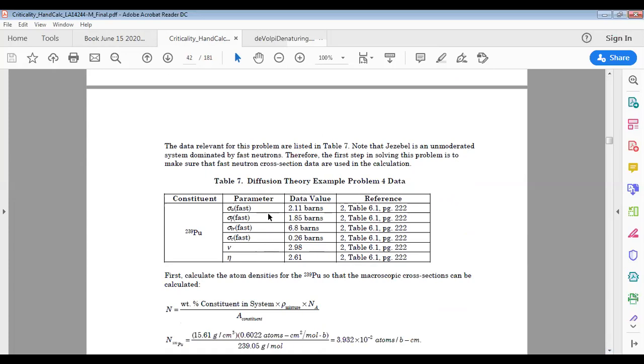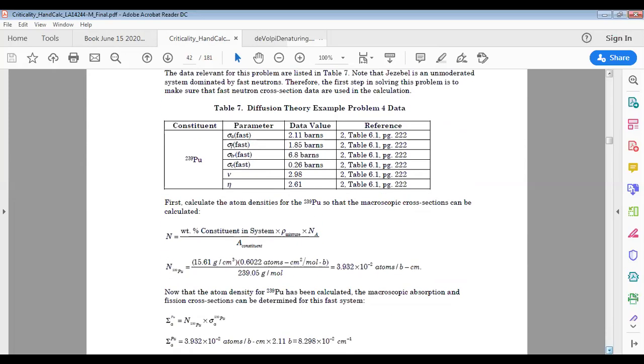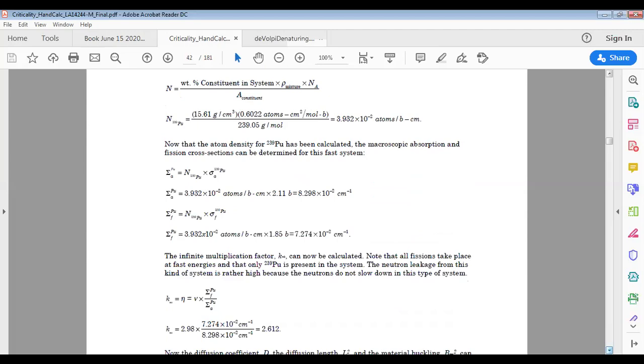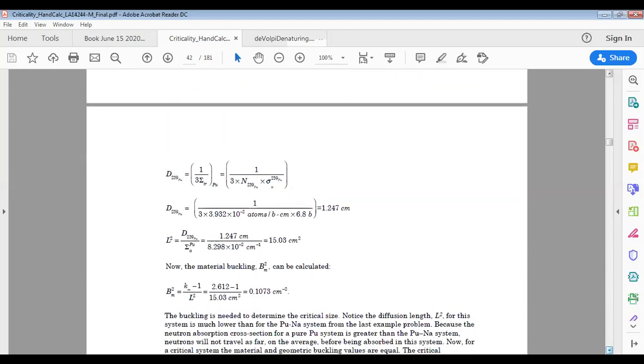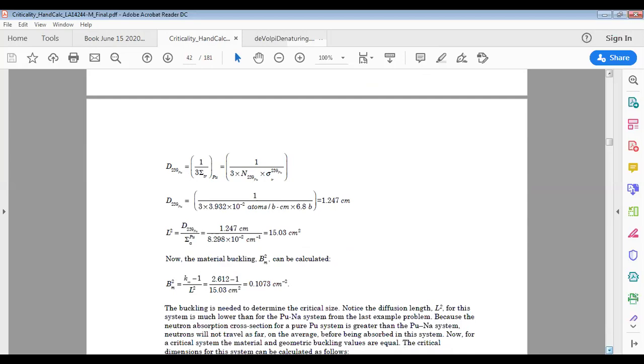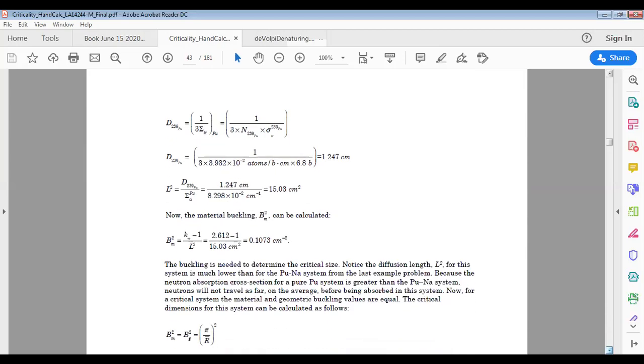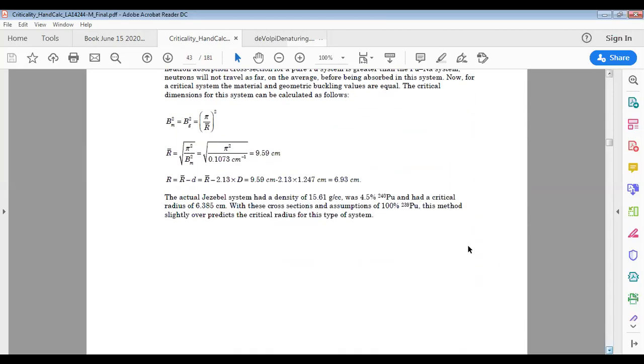Take the absorption, fast, transport, and capture cross sections, the nu and the eta values, and the given references in this report, which you can download. Calculate the number densities, calculate the macroscopic cross sections, calculate K infinity, calculate the diffusion coefficients, get the material buckling and set it equal to the geometric buckling for a sphere. And what you get is a radius of 9.59 extrapolated.